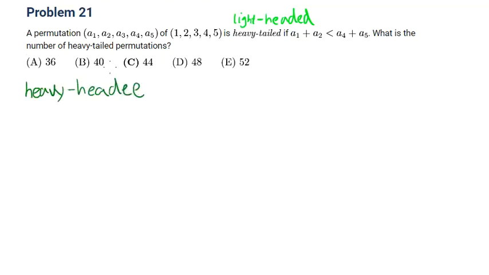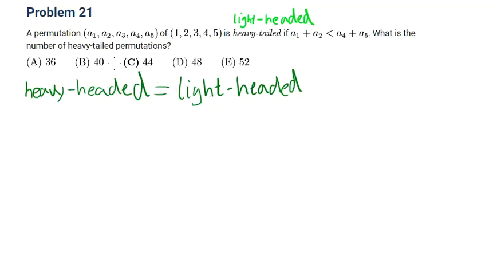And the number of heavy-headed permutations is equal to the number of light-headed permutations. I'm just going to call all of them light-headed permutations for the rest of this problem. They really missed this opportunity here.